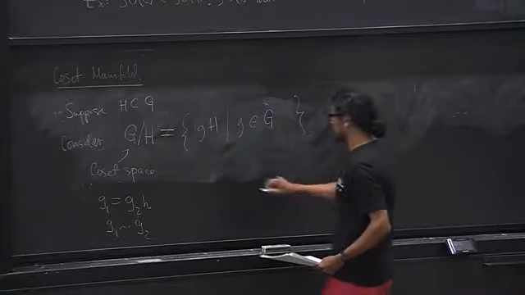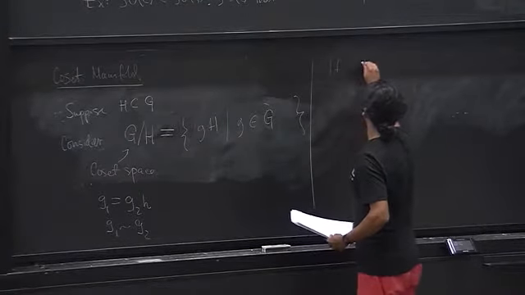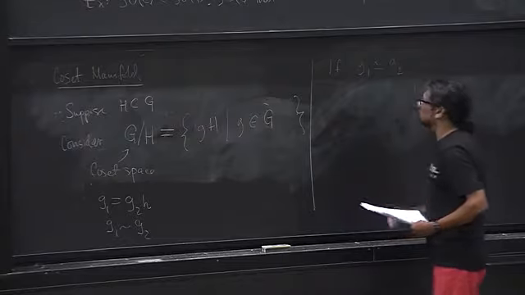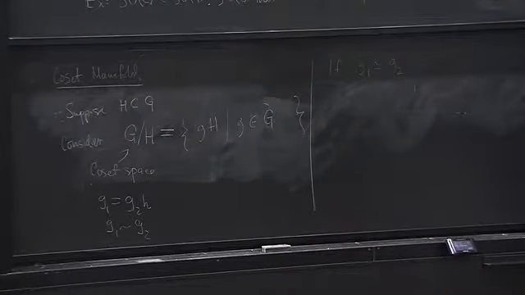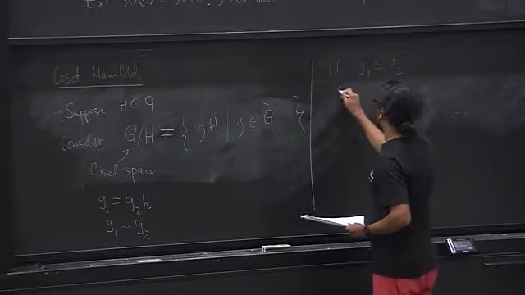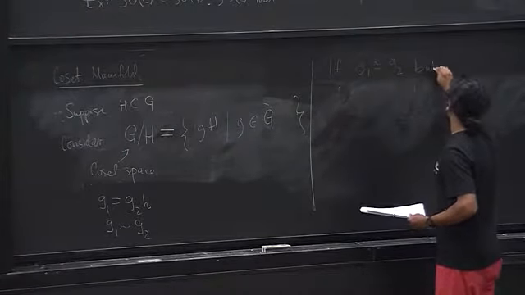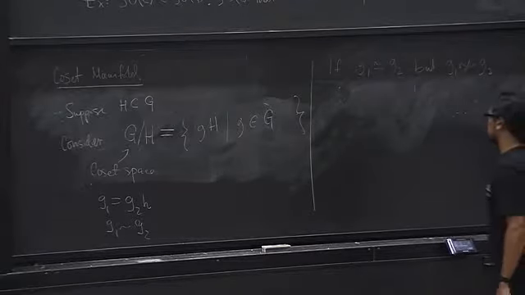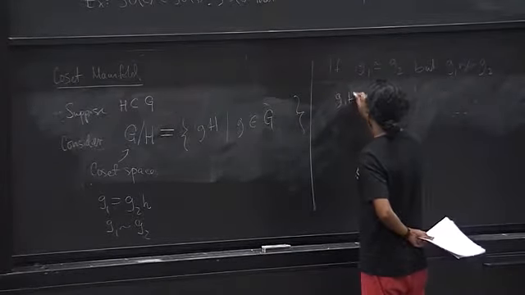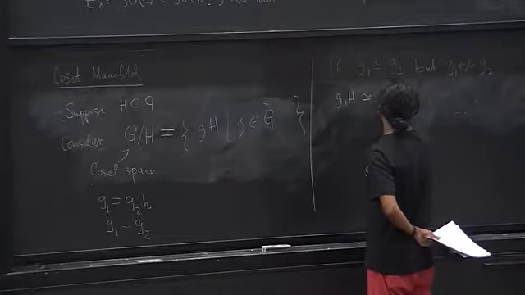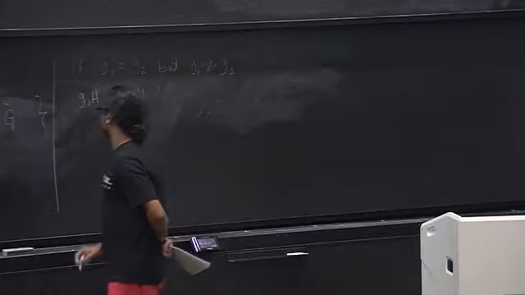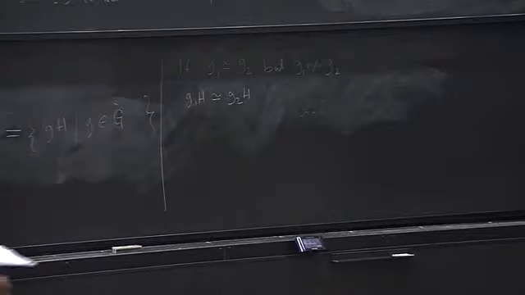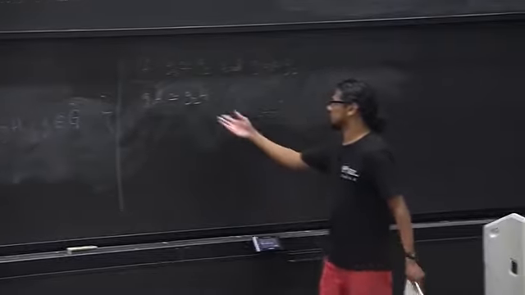Now, if in our original manifold G1 was near G2, but they are not in the same coset, then we can say that the cosets corresponding to these group elements are also nearby, and therefore extend the structure of the manifold onto the coset space.